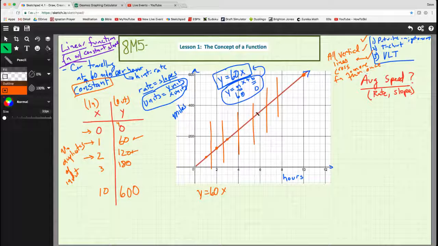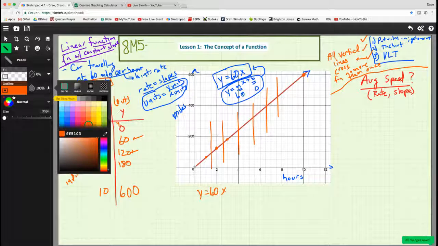And that may seem obvious to you, and that's good if it is obvious. But these linear functions are indeed functions by all 3 definitions of functions.